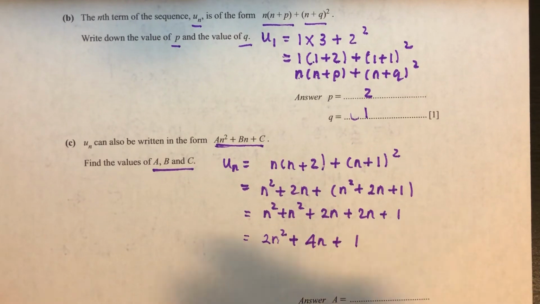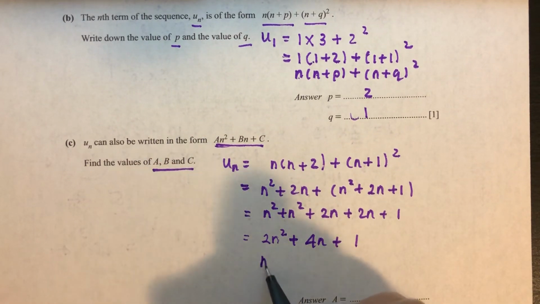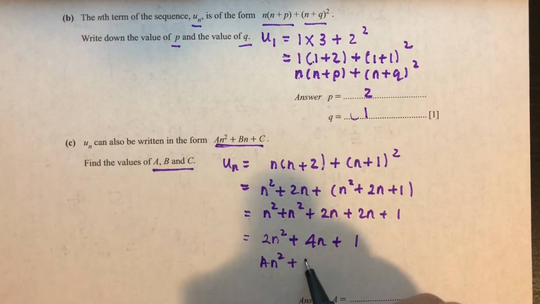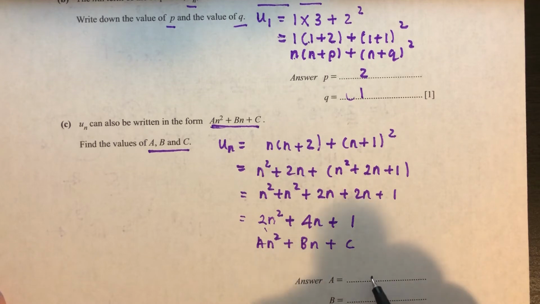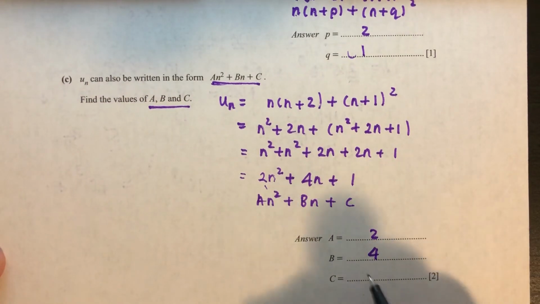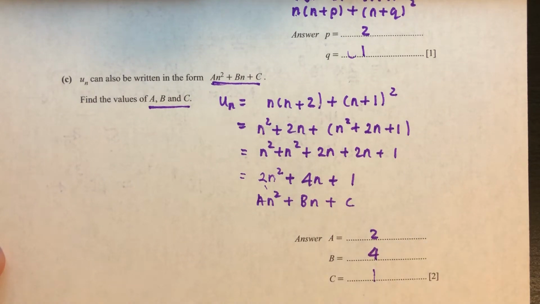So now we compare with this equation, which is an square plus bn plus c. So from this we compare, a is equal to 2, b is equal to 4, and c is equal to 1. And that is your answers.